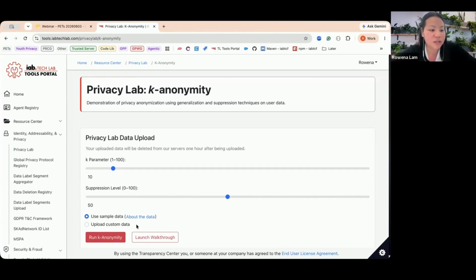The demo data included in this example is I would say advertising specific event data. So we've got things like subscription purchase events with age, gender, region, etc. So I'm going to actually run this using the defaults set in here.